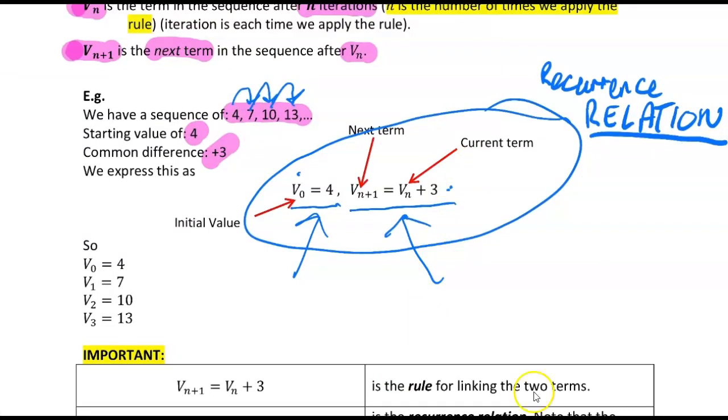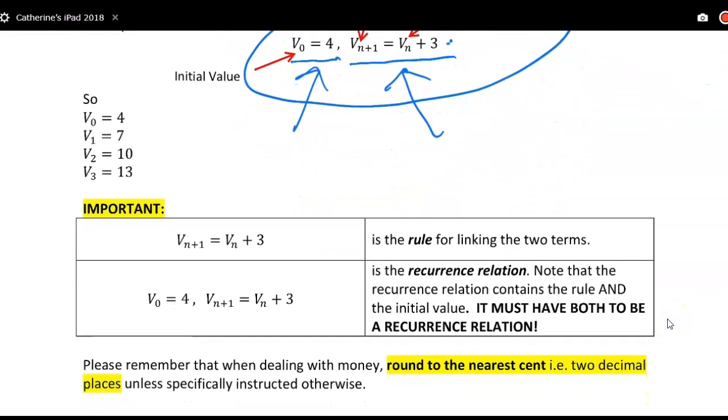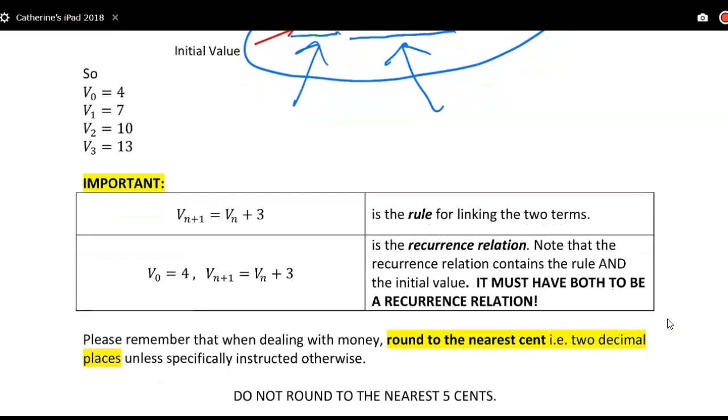Okay, so I've stressed this again, written here, that we have a rule which links the two terms, but this is the recurrence relation. If you're asked for the recurrence relation, you have to write both parts of it.